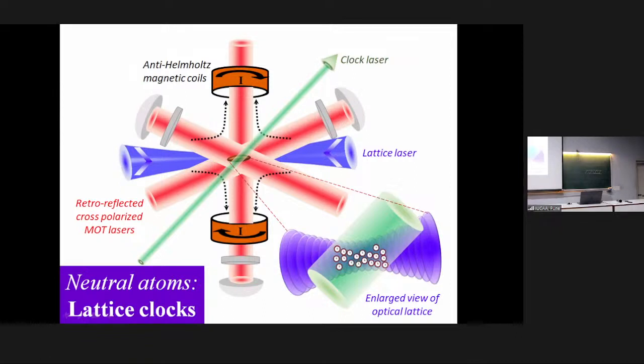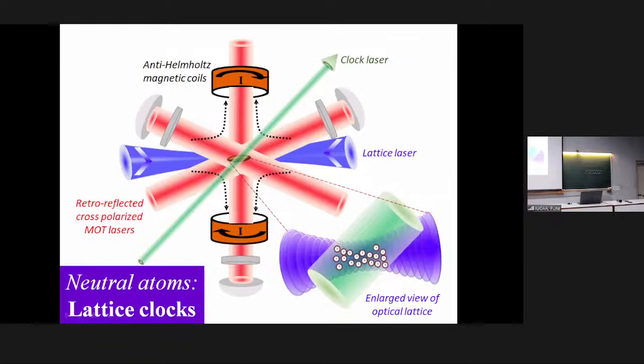So you first start with magneto-optical trapping, collecting lots of neutral atoms, and then you use another very intense focused laser beam, focused at the center of this trap, and create a lattice structure. I will come to what it is, but basically it looks like an egg carton. Have you seen egg cartons, with eggs in a two-dimensional array?